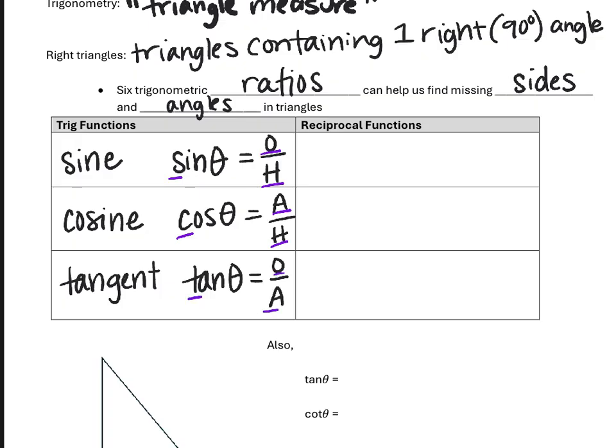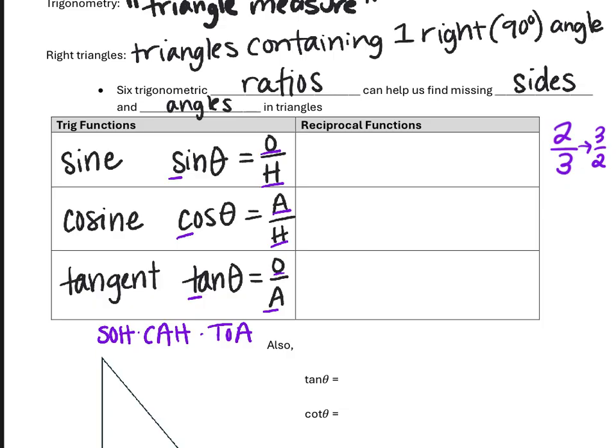So if you know those, SOHCAHTOA, then you can find their reciprocal. So remember the reciprocal of a fraction, if you have like 2/3, the reciprocal is where we flip the numerator and denominator. So the reciprocal trig functions are where we flip the ratio.